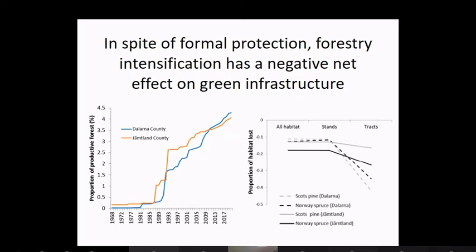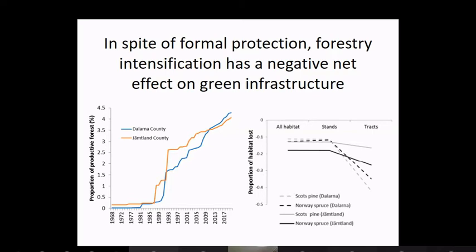And actually, over time, this declines. So this data show a 15-year period, and all habitat has declined between, let's say, 10 and 15, 17%, but the functional areas have declined much, much more. So actually, in spite of set-asides, in spite of formal protection, the habitat network is getting worse.